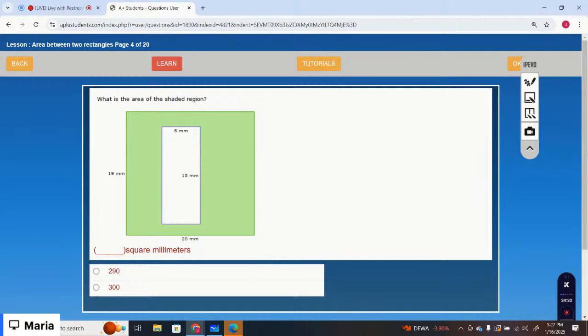What is the area of shaded region, which is the correct option? Which is the correct option? Option number one is the correct option, that is 290.